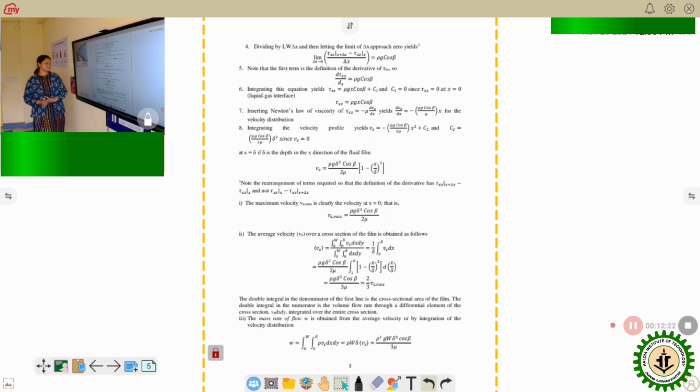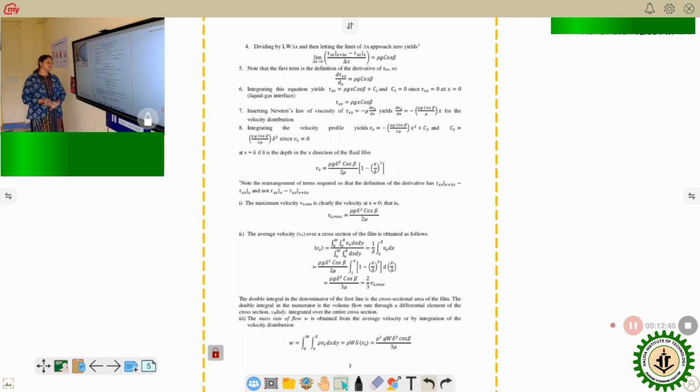After that, we obtain the mass rate of flow W. What is W? W is obtained from the average velocity or by integration of the velocity distribution.